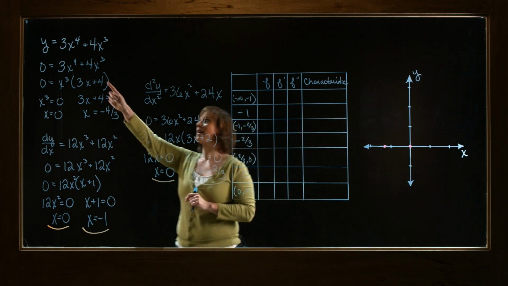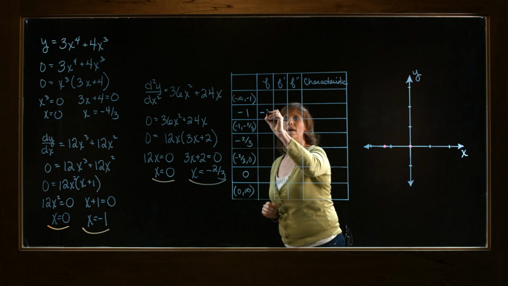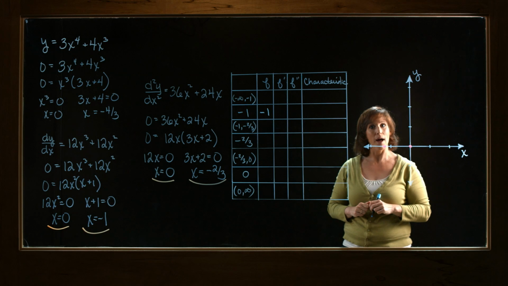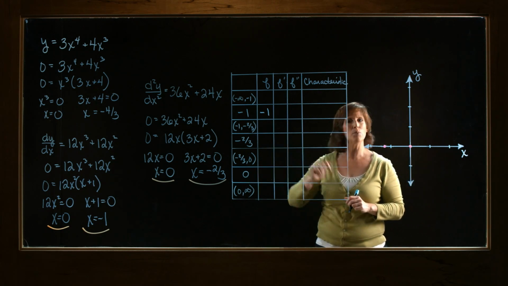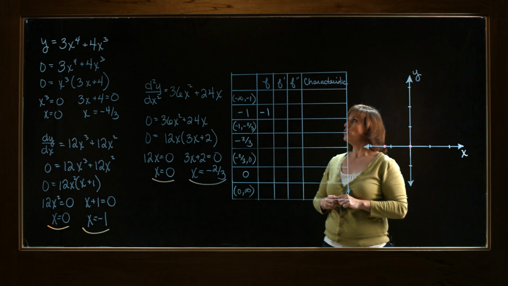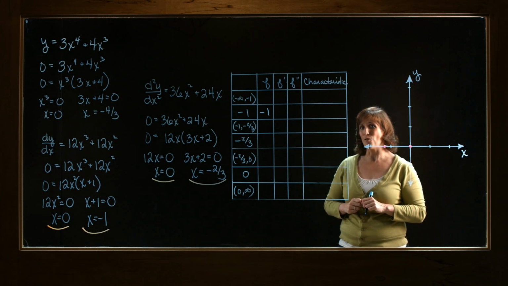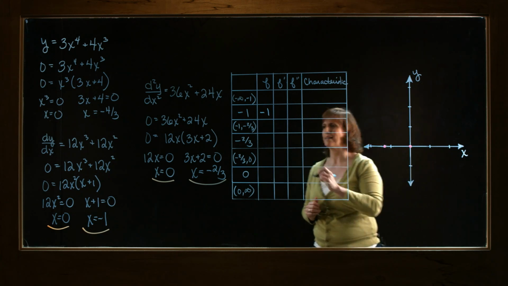And if I do that, I'll have 3 minus 4, which gives me a -1. Next, I'll plug in -2/3. This one's a little more complicated. When you plug -2/3 into the original equation, you get -48/81. That's about -0.6, so I'm going to approximate that.